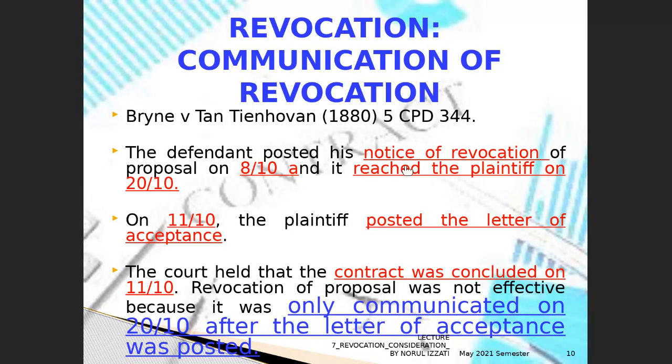It reached the plaintiff on 20th of October. So look at this scenario properly. This is to show how important the communication of the revocation is. Now after that, let's look at certain exercises regarding this issue.